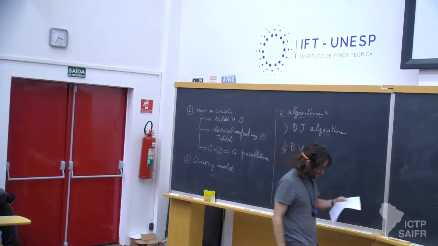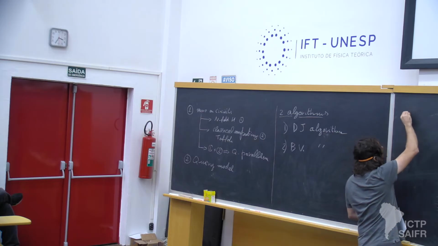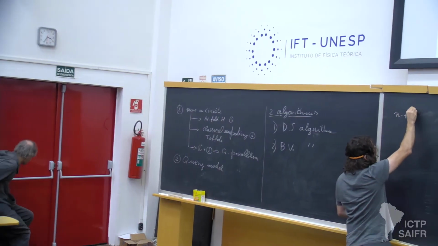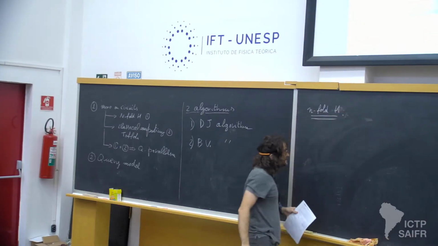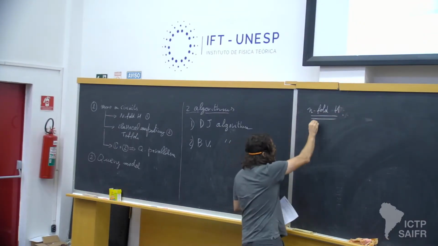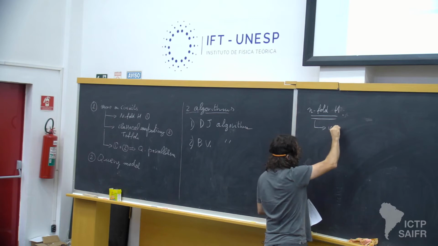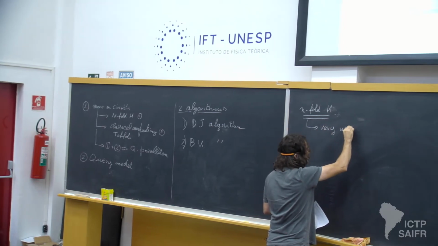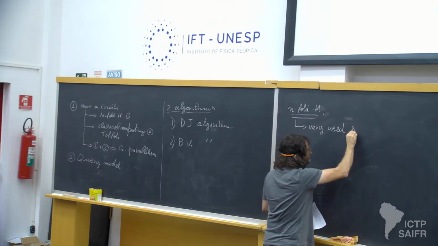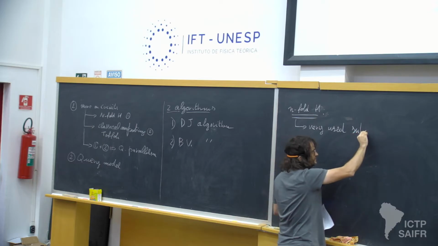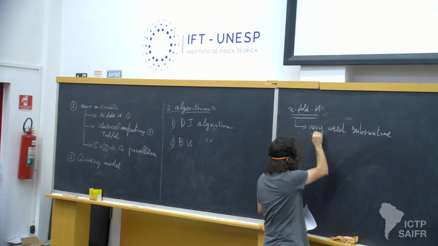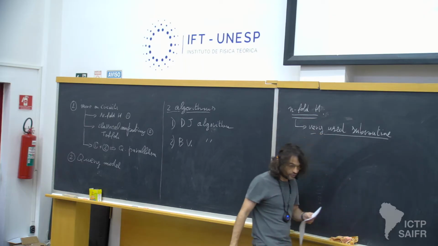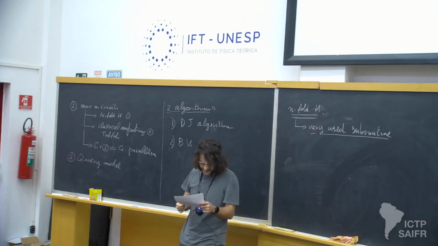So the n-fold Hadamard, n-fold H. This is really a very, very used subroutine that essentially enters in almost all the quantum algorithms that you can think of.